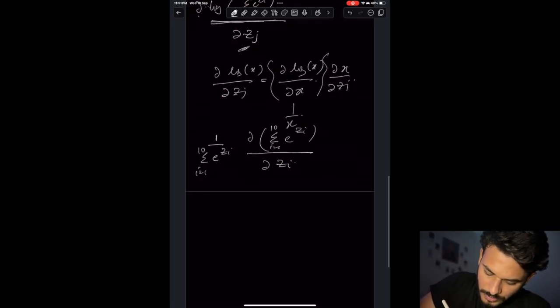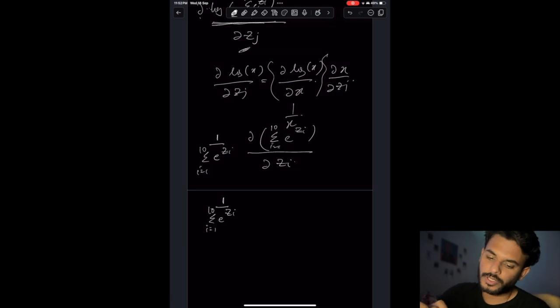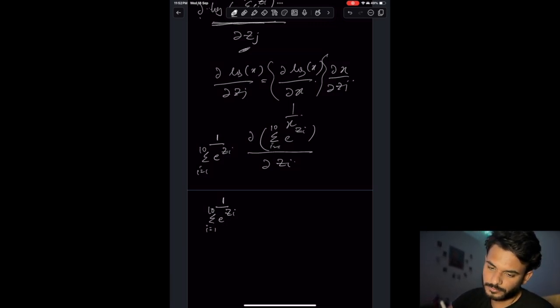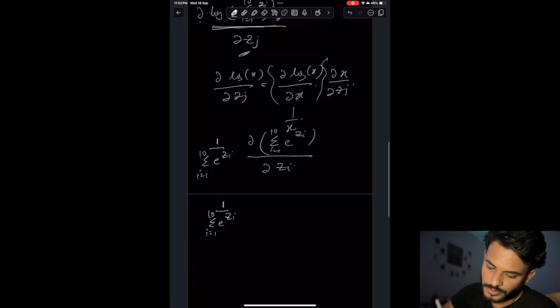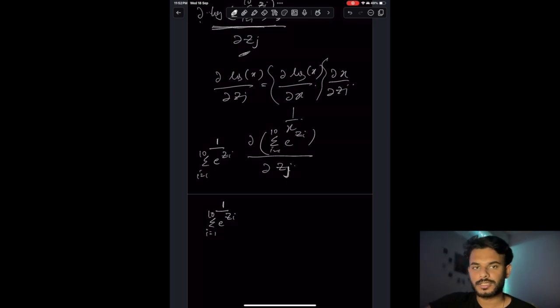So this is basically 1 upon summation i is equal to 1 to 10 e raised power zi, and then, sorry, this is differentiation with respect to zz. Now here you can say that only the zz, e raised power zz terms will remain.